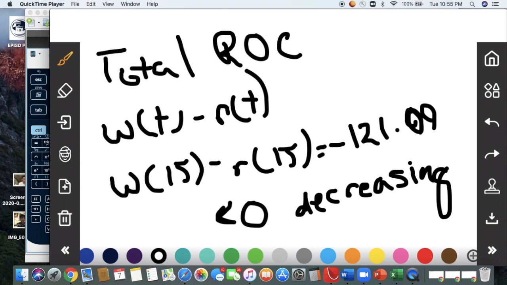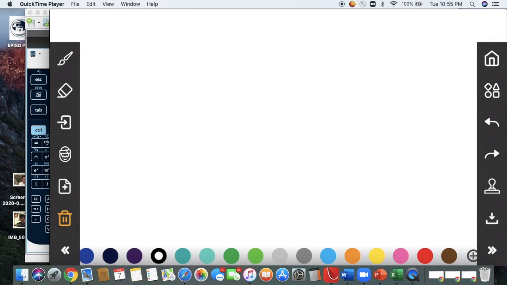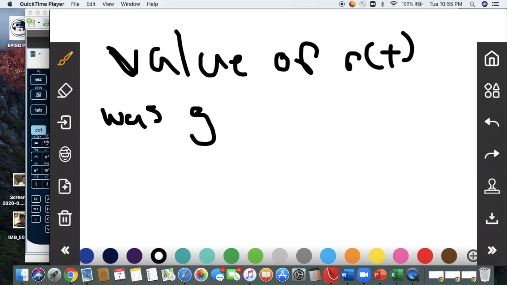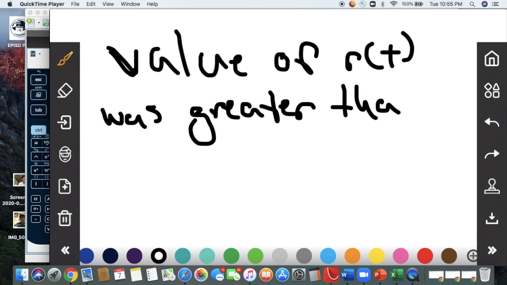And this is because the value of R of t was greater than that of W of t, your rate in.